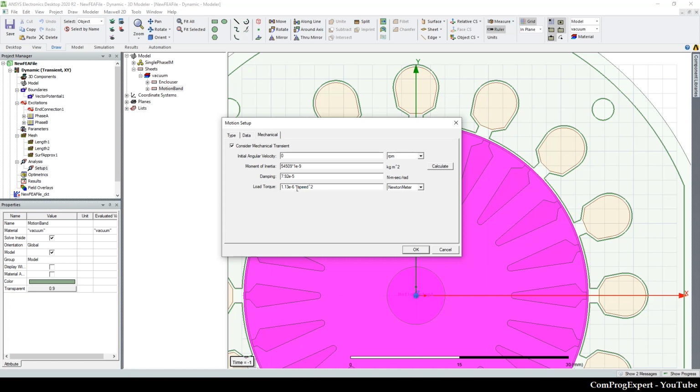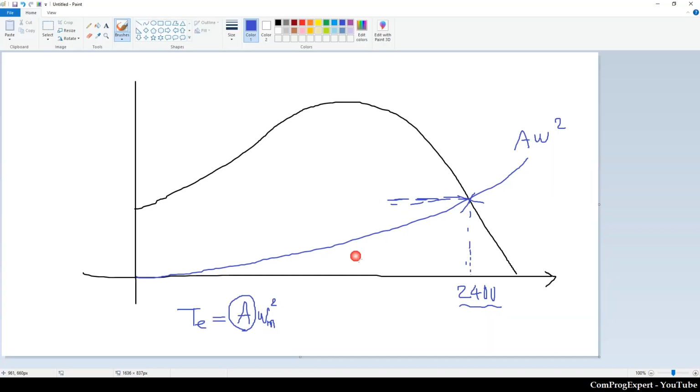And you know that for a fan load, the load torque is in the negative direction of the rotor speed. Actually, when the rotor speed is positive, the load torque is in the negative direction, and when the speed is negative, the load torque is in the positive direction.